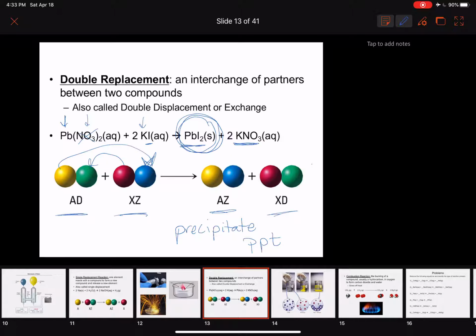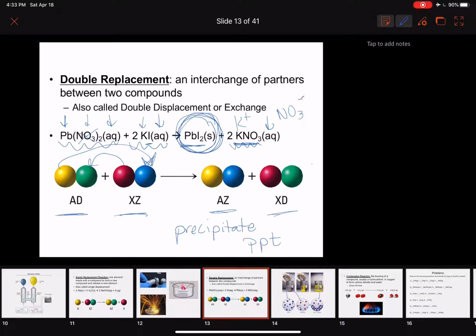And if we notice something else about the reaction, that we see AQ, AQ, AQ, what that is telling us is that we took this compound and dissolved it in water, and we took this compound and dissolved it in water, and they did their reaction, formed the solid, but the other product is still dissolved in water, which means that it's still floating around in its ionic form.